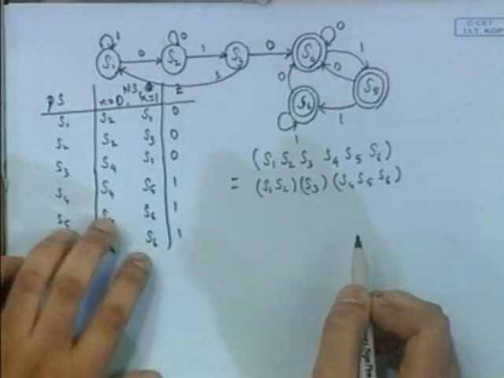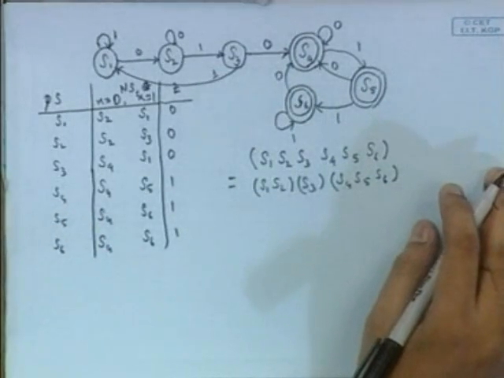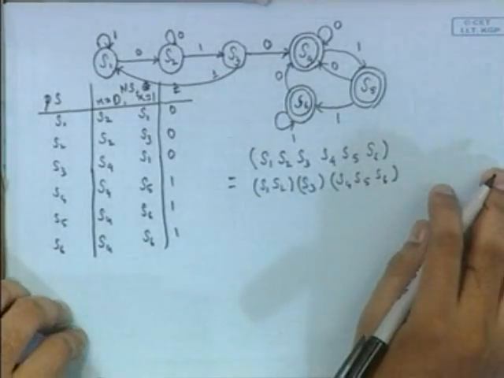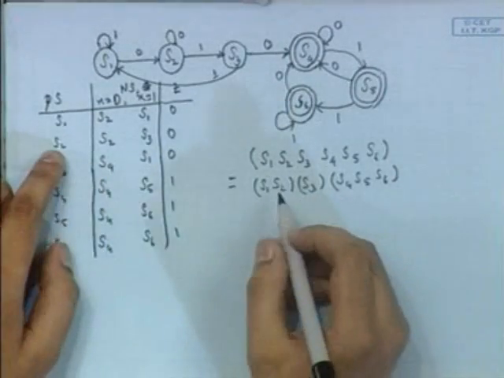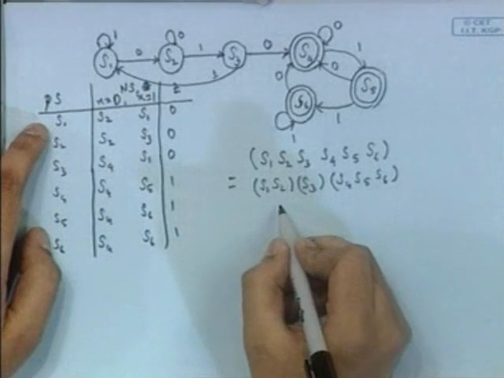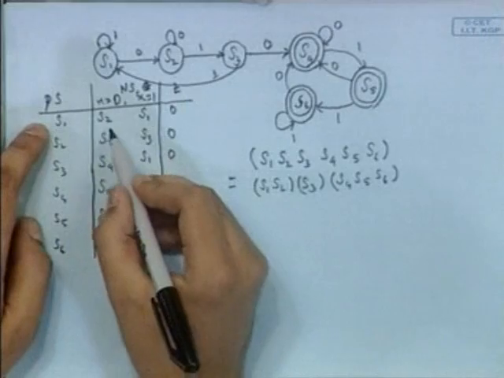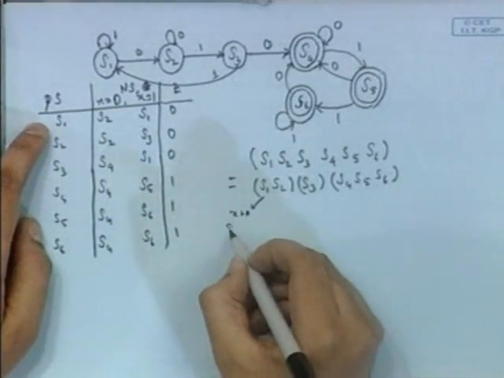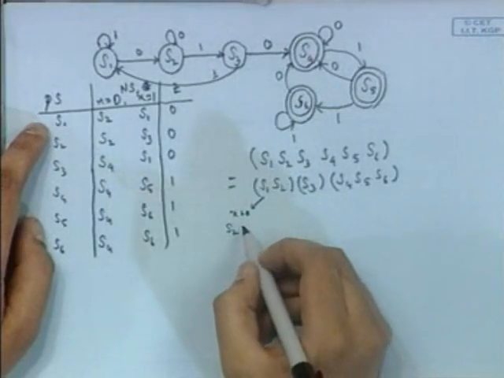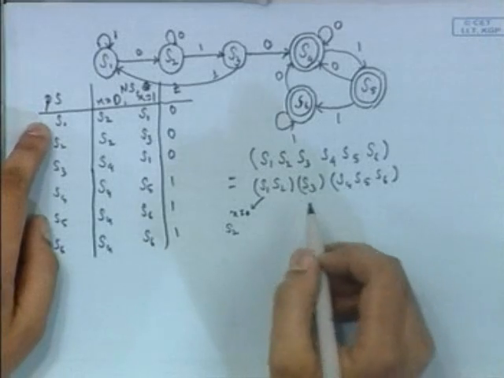Now you go to the second step. What will occur? For S1, for x equal to 0, it will go to S2. The next state output is also 0. It's not a final state.